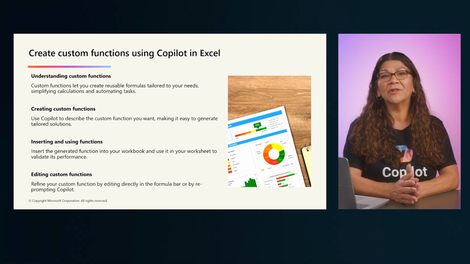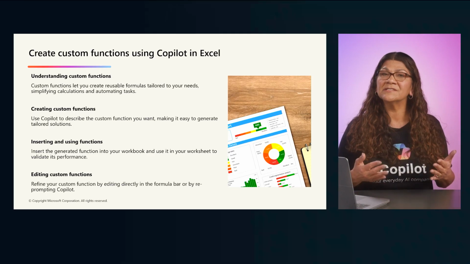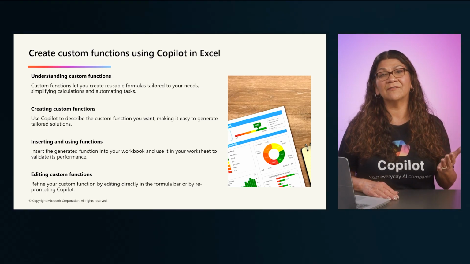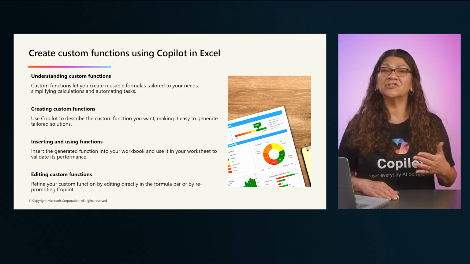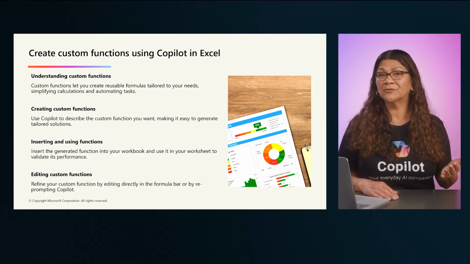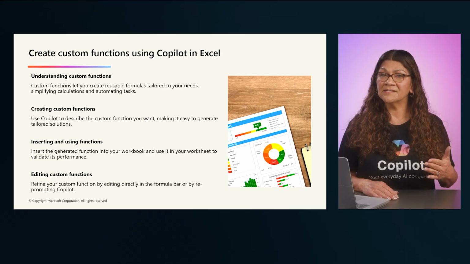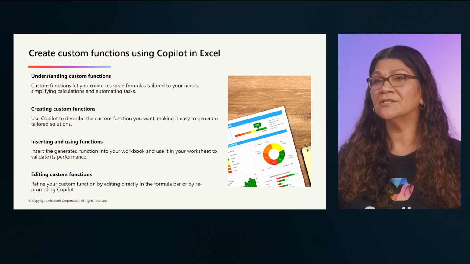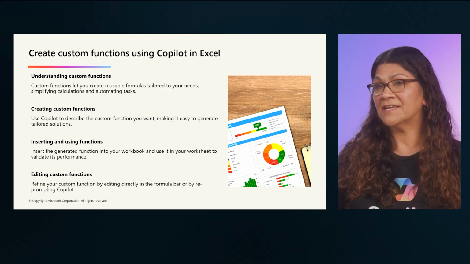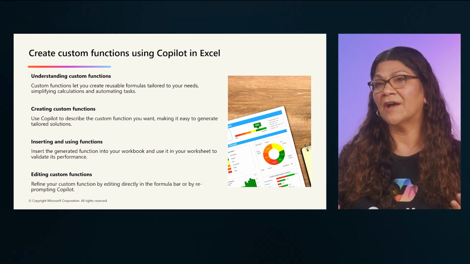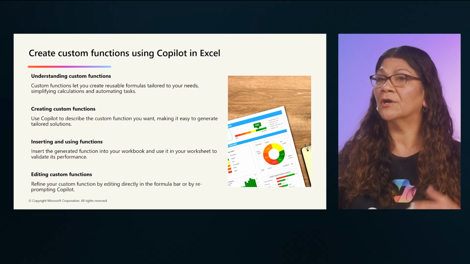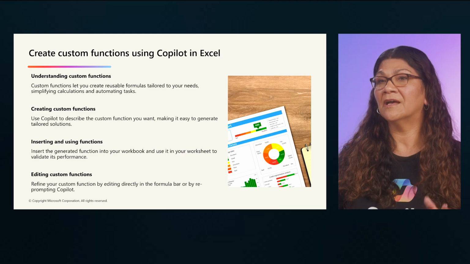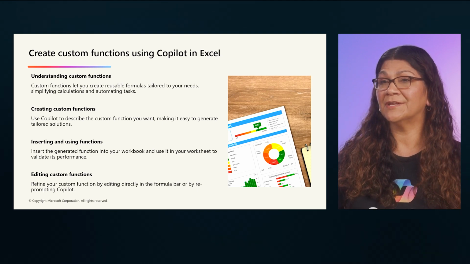The same pattern applies to other everyday business needs, like create a custom function to calculate the average sales per quarter, or generate a custom function to convert temperatures from Celsius to Fahrenheit. Once created, you can insert the function into your workbook, validate it on your own data, and refine it by editing directly or reprompting Copilot, making it easy to iterate until it matches exactly what you need.